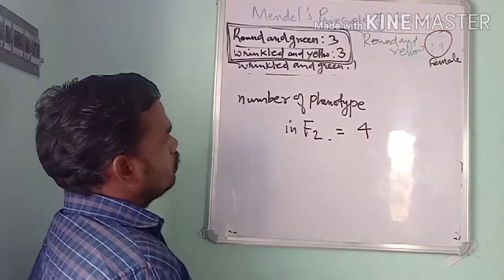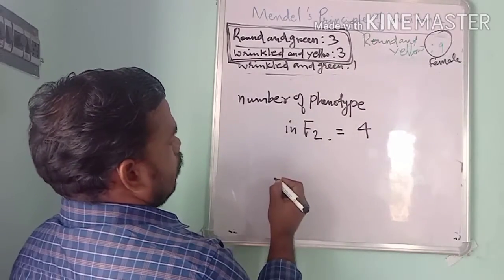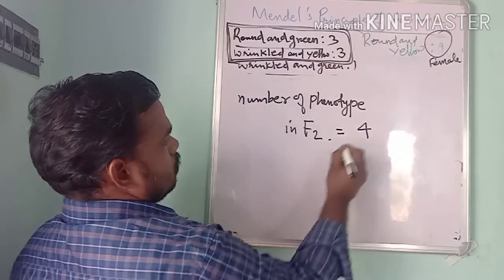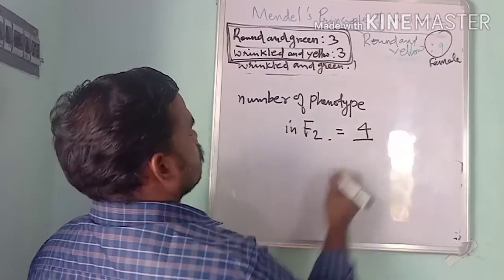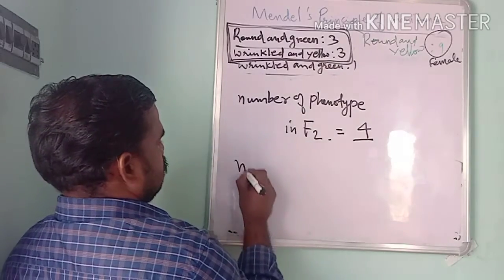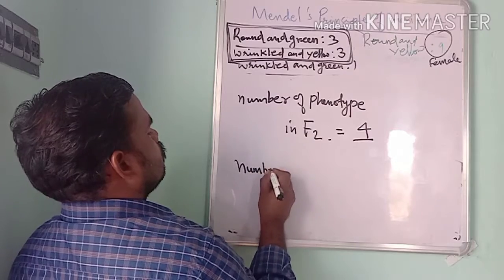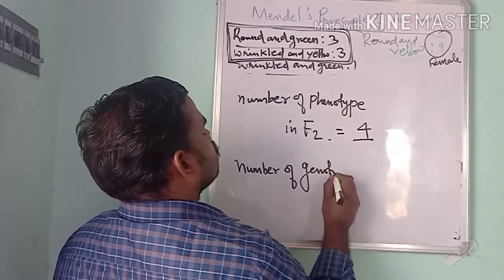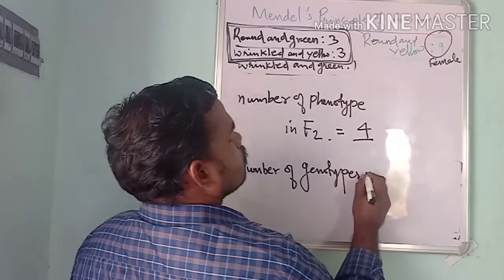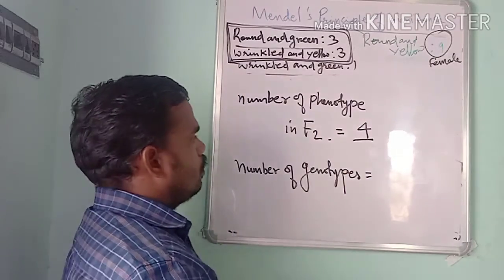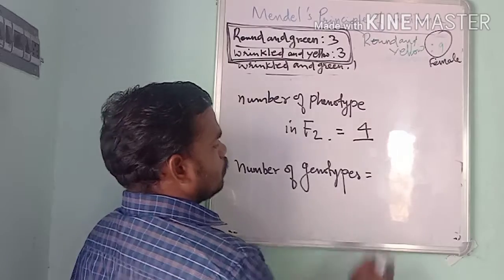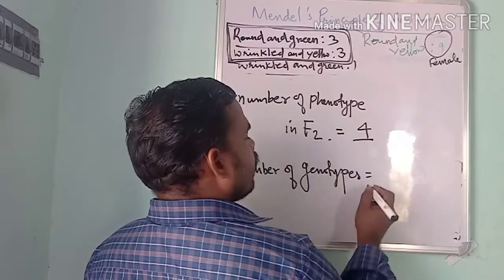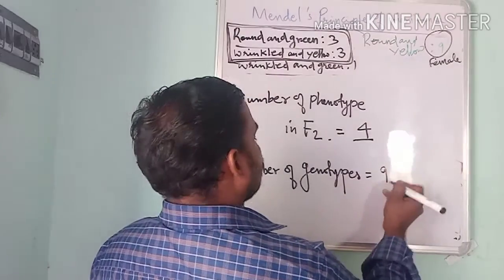Clear? Got it? Number of genotypes. So number of genotypes only 9.